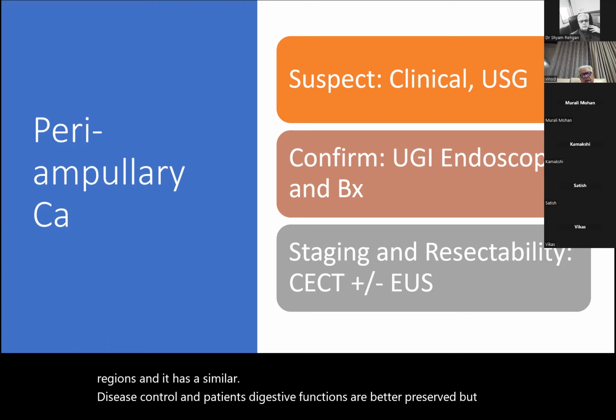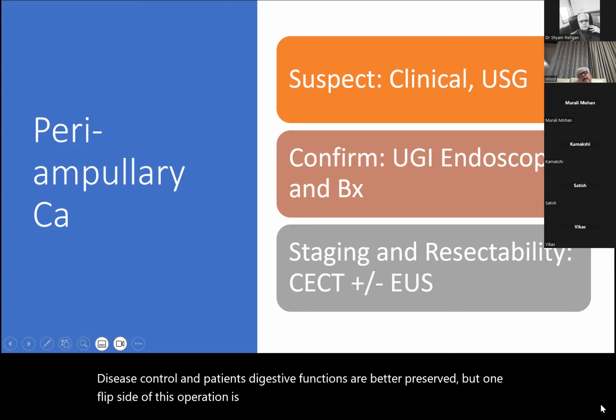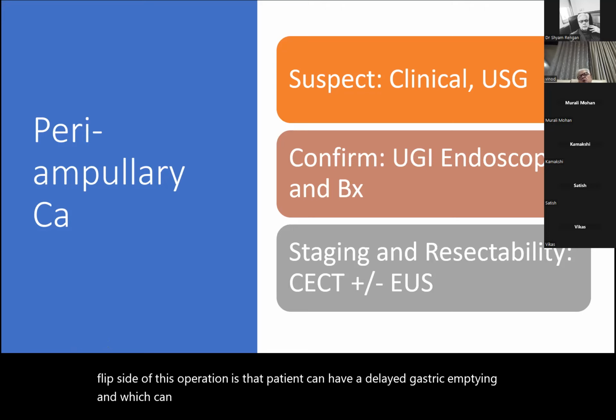But one flip side of this operation is that patient can have a delayed gastric emptying, and which can mar the overall recovery of function. So that's about periampullary carcinoma.